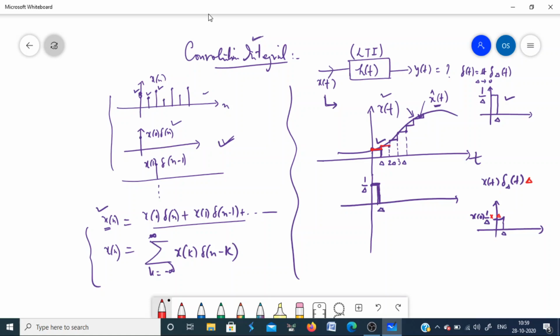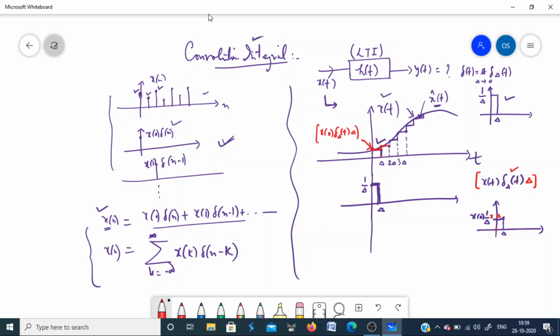If you multiply this with delta, 1 by delta into delta will become 1, and xt at t is equal to 0 will remain constant. It means this portion is basically x of 0 into delta del t multiplied with del, between 0 to del.